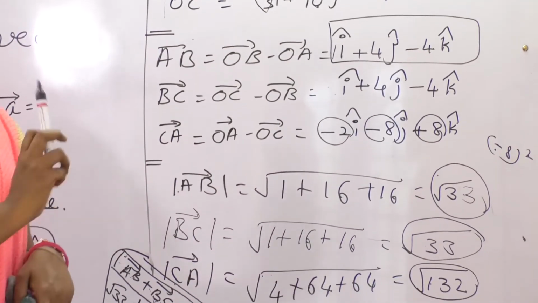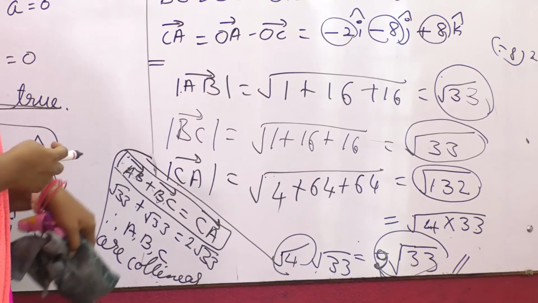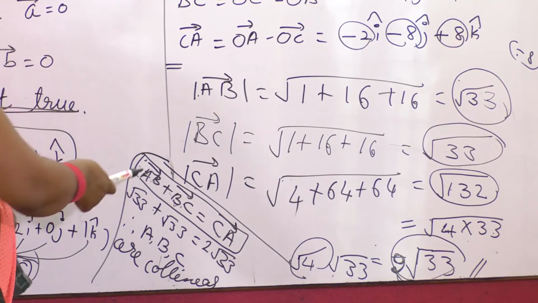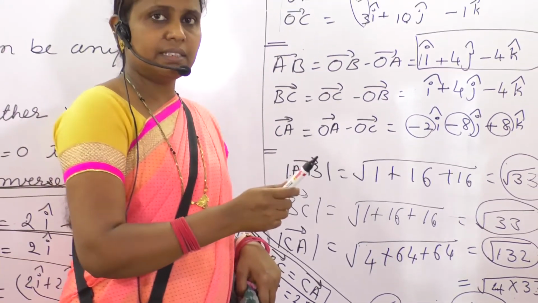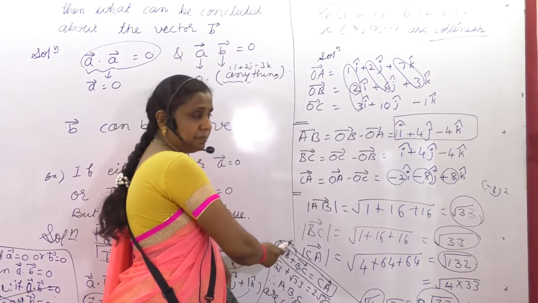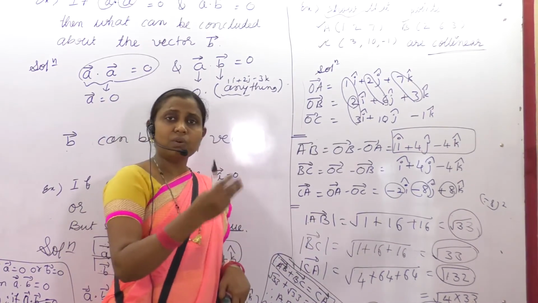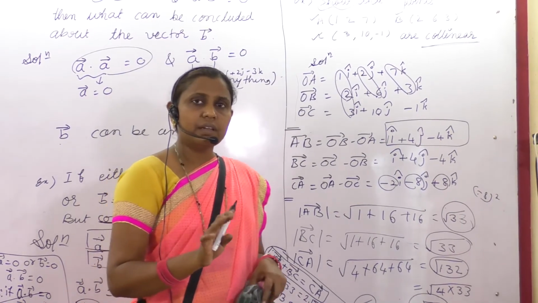In that case also you have to check whether the condition holds good or not. If the sum of two sides is equal to the length of the remaining side, then the points are collinear, otherwise not collinear. Got it? Okay.